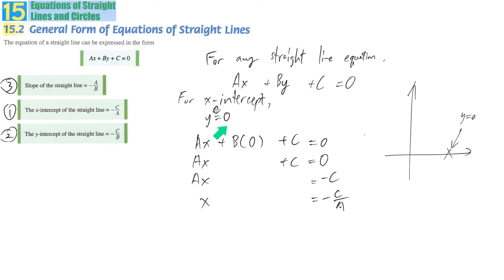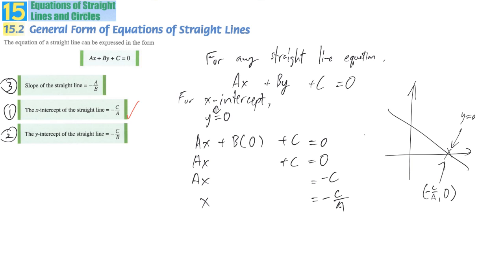That means when y is 0, x is equal to negative c over a. So if there is a line like this, we know this point is where x equals negative c over a, and the height is 0. Therefore, we prove the first one is correct.